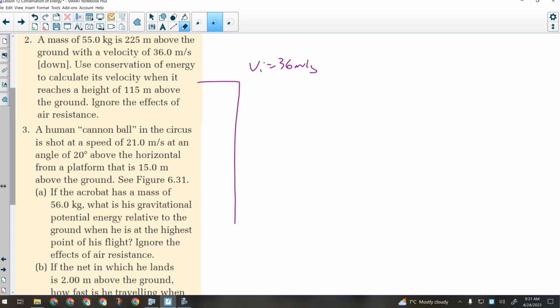Its initial height is 225 meters. Its mass is 55, which we probably won't need. Use conservation of energy to calculate its velocity when it reaches a height of 115 meters. That would be down here somewhere. We're looking for VF when HF is only 115 meters.